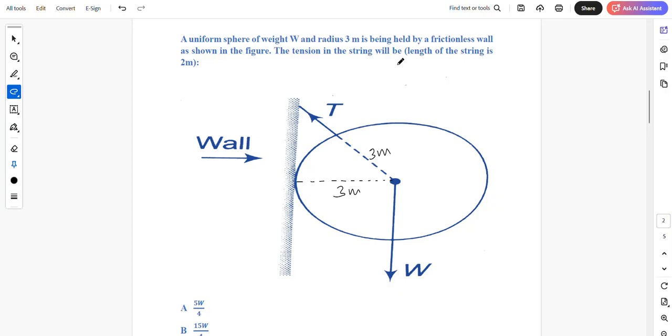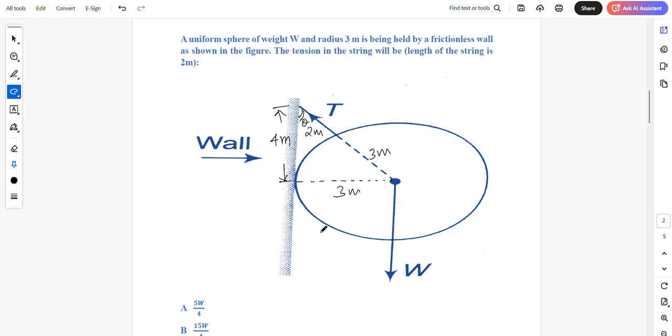The radius is 3 meter, they have given. The length of the string they have given as 2 meter. This is 2 meter plus 3 meter, 5. This is 4. If you use the Pythagoras theorem, this will be 4 meter. This angle is theta.